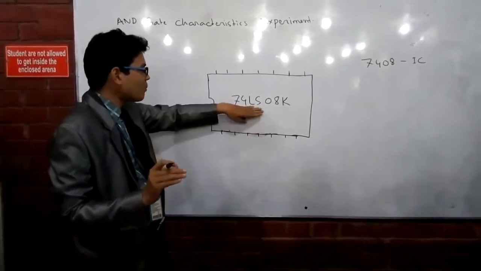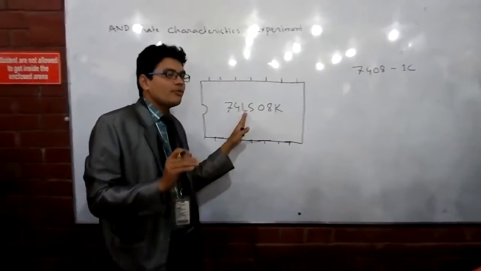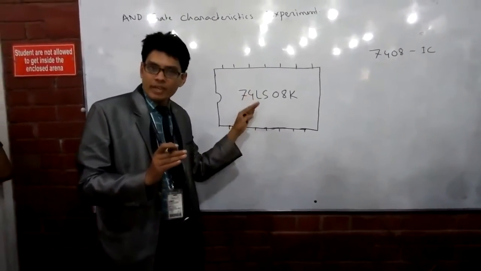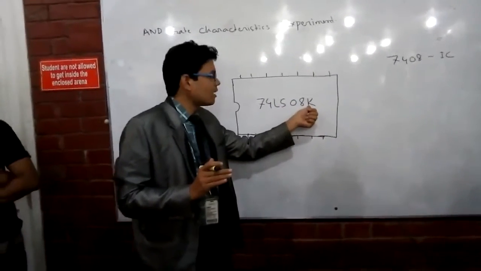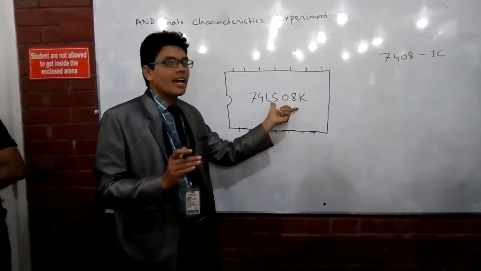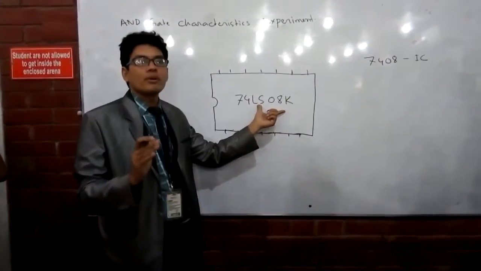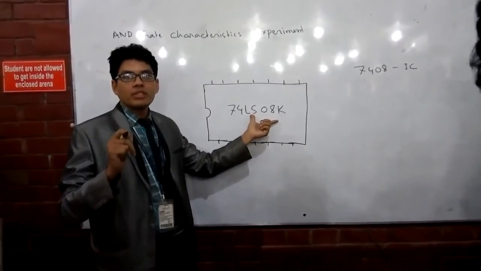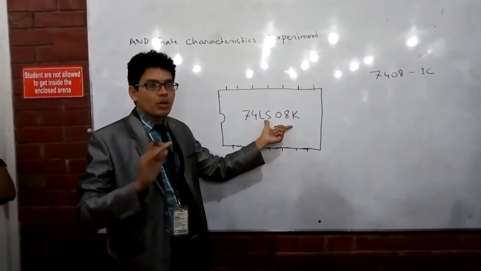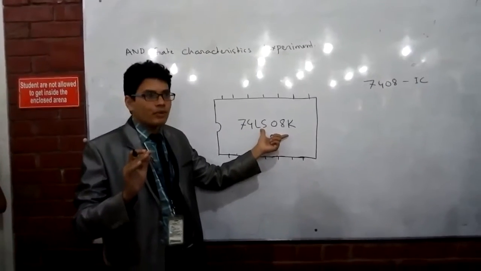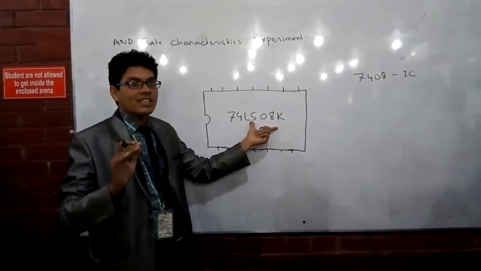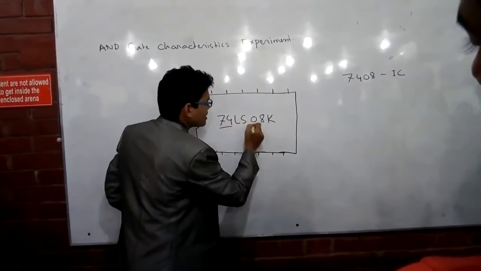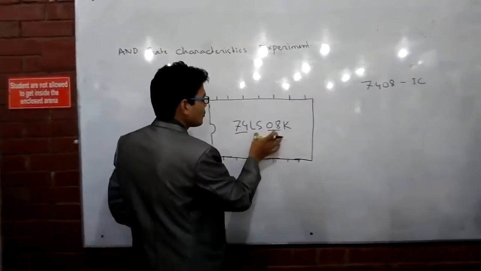In every IC the number is a combination of alphabet and numeric characters. The alphabet, LS, K, identifies the manufacturer, so we avoid it. We do not need to know which manufacturer produced the IC. We need to know what characteristics it carries, what type of IC it is, and that is told by the numeric value, which is 7408.